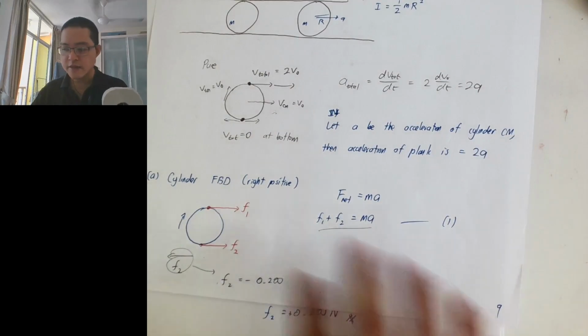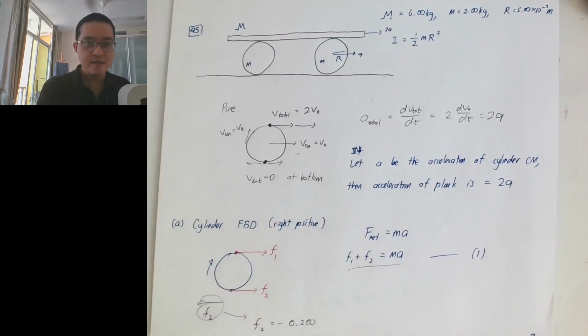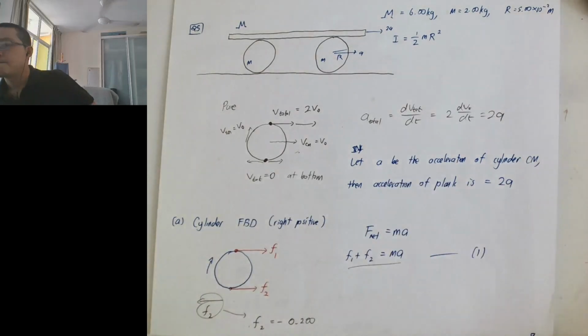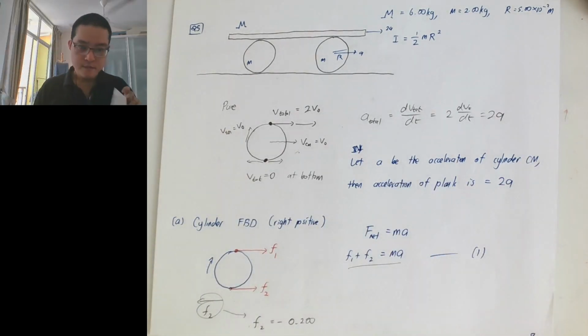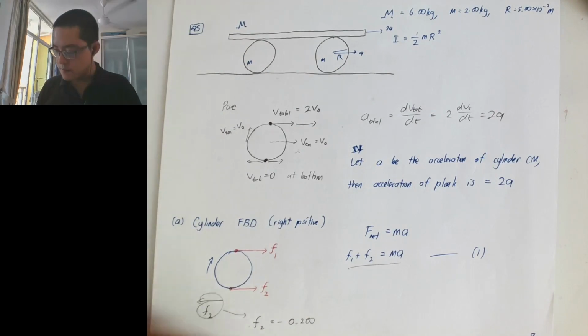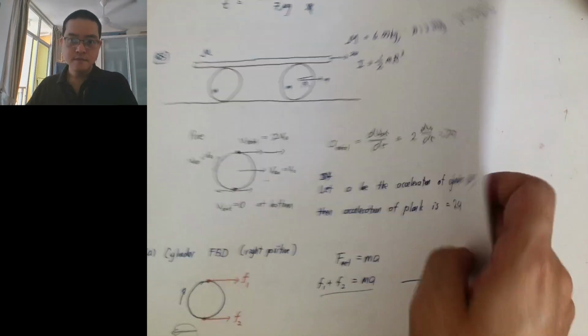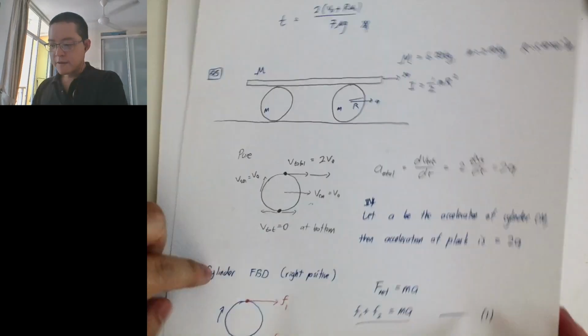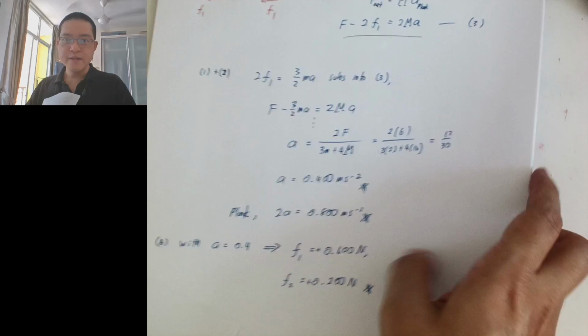Okay, how to analyze the direction of F1, F2? Well, it's just everything we are doing here. So we did here, and then F1 and F2 are unknown.